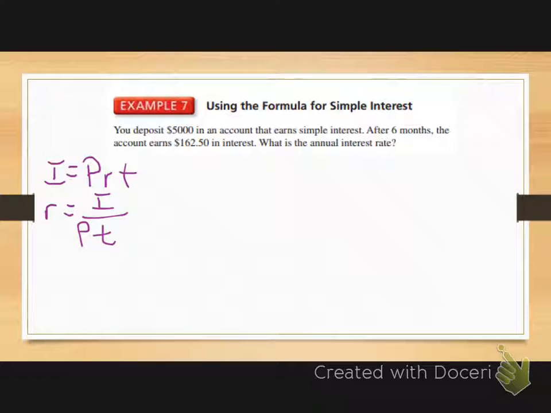So if we sub in the numbers that we know, the interest accumulated was $162.50.